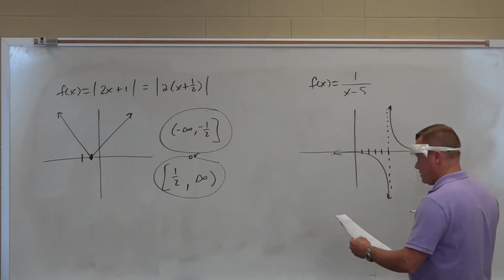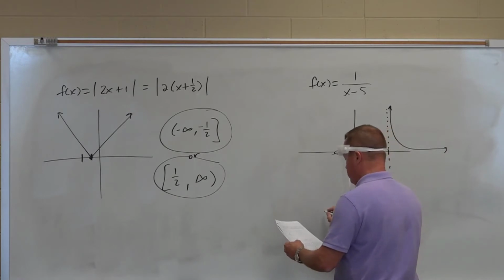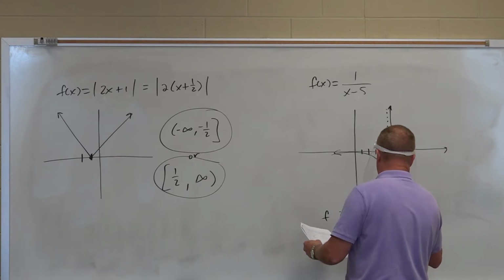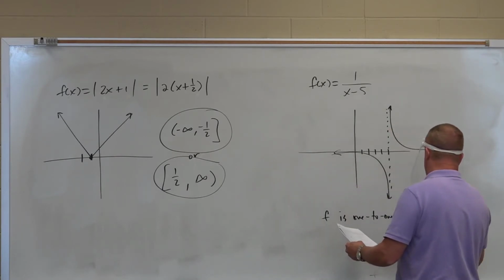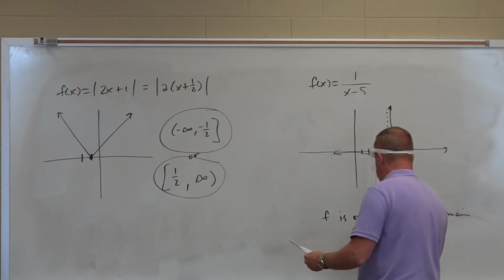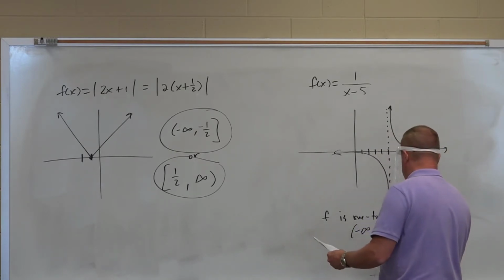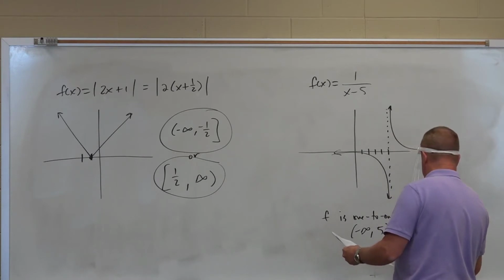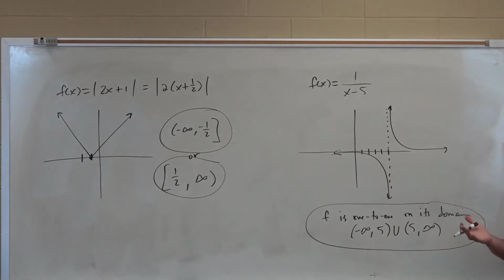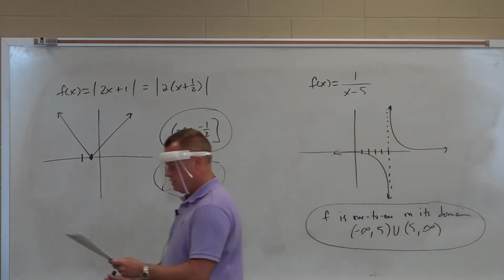So we could say f is 1-to-1 on its domain: negative infinity to 5, union 5 to infinity. So everywhere except 5, you would have an inverse. You would have an asymptote there as well.